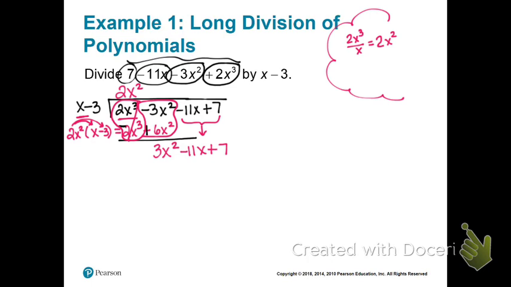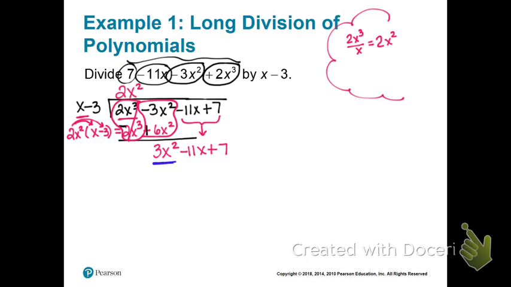Yeah, repeat. So we're going to keep doing it until our number on bottom is smaller than the number outside. And guys, that number we're talking about is the exponent on the x. Right now, I have an x squared on the bottom, but I only have x to the first on the outside. So the bottom's still bigger, so we're going to keep going. So we're going to repeat.